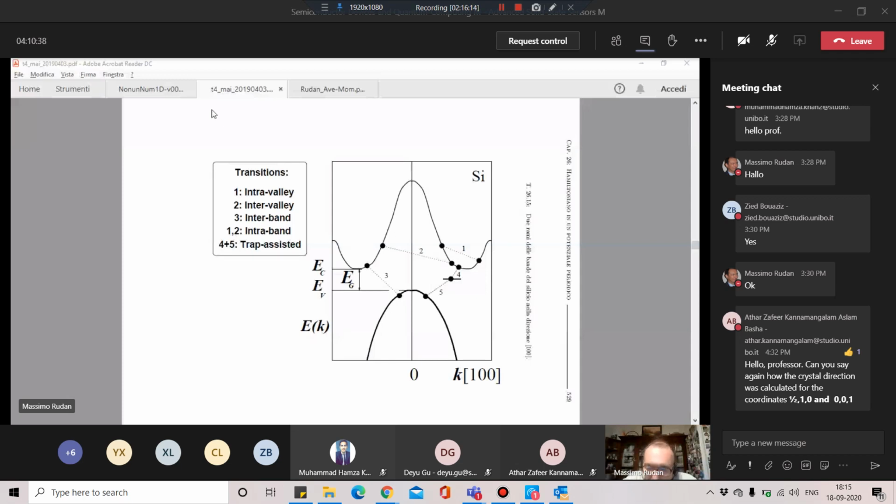One last difference between the classical case and the quantum case, and this also looks rather strange, is that the relation between energy and K, or energy and average momentum, is a many-valued function. So to each K there correspond many possible energies.